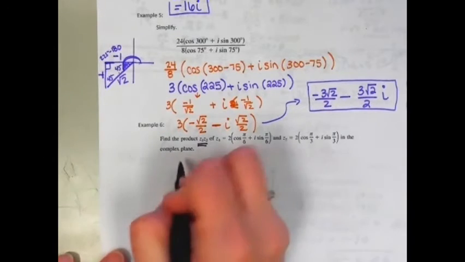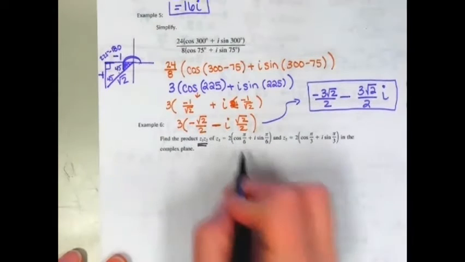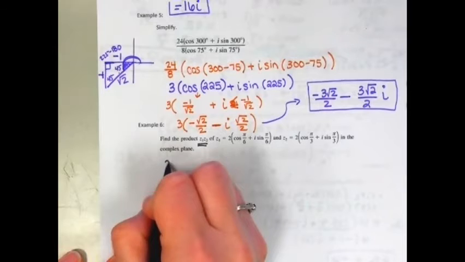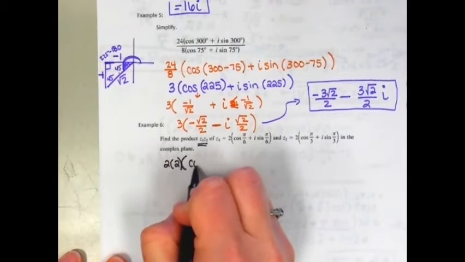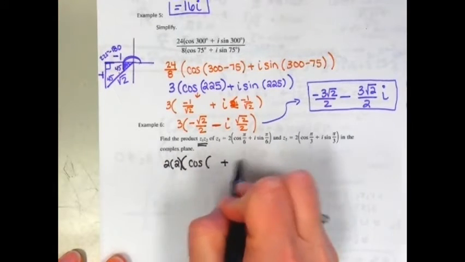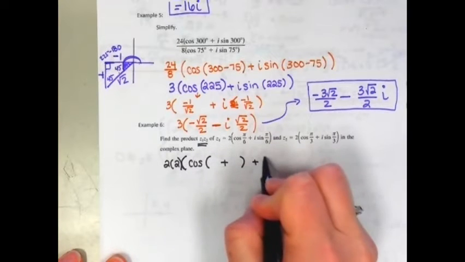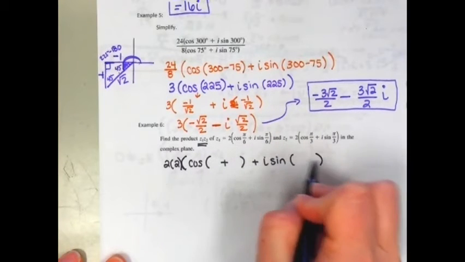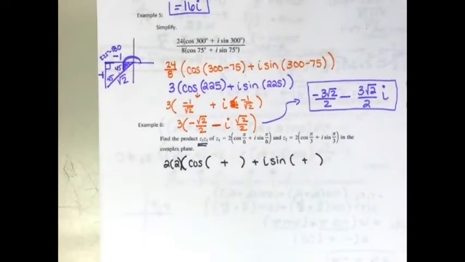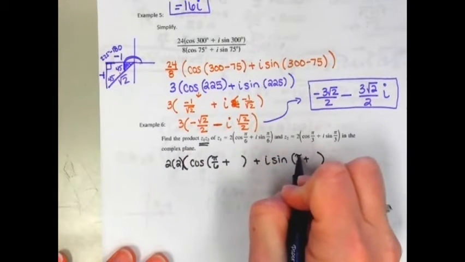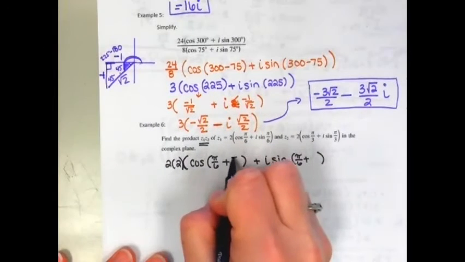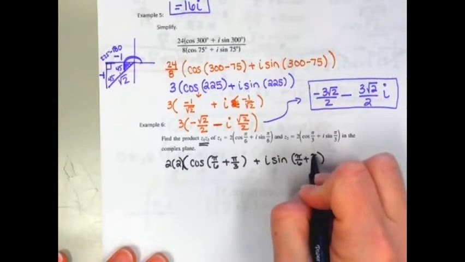I add them, right? So I'm going to multiply the r's first, which is 2 and 2. And then I'm going to take the cosine of theta plus i sine of theta plus theta. And what are my thetas? Pi over 6 is theta 1, and pi over 3 is theta 2.